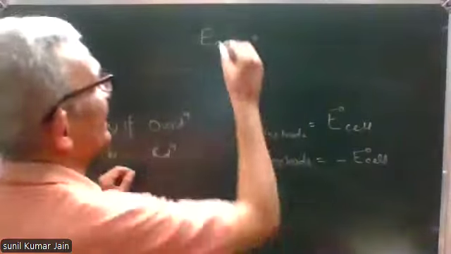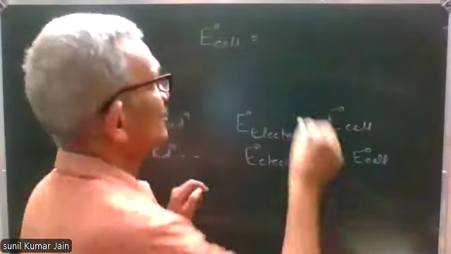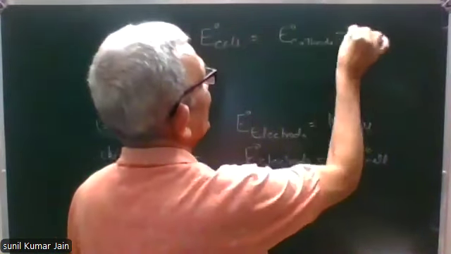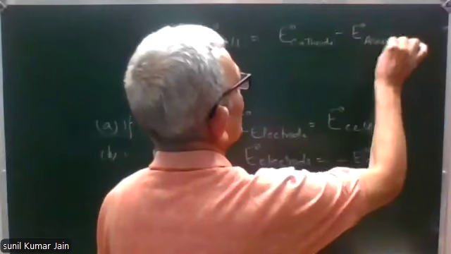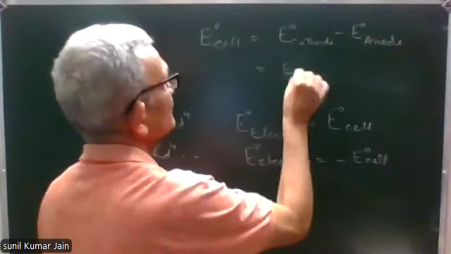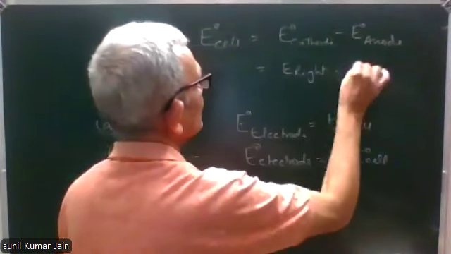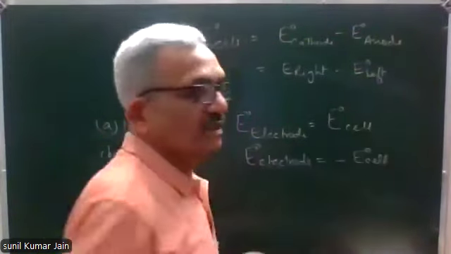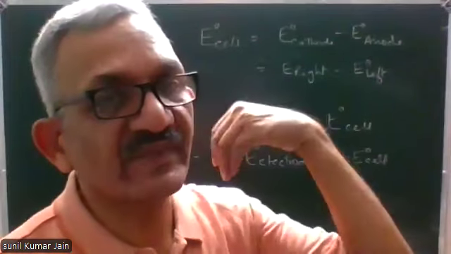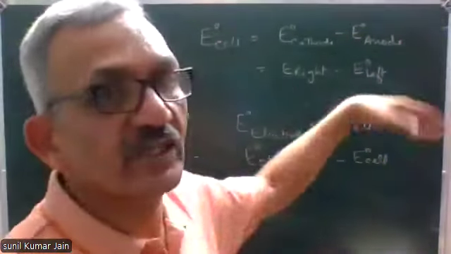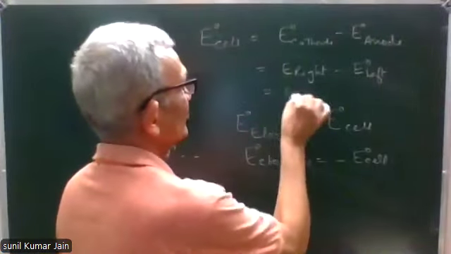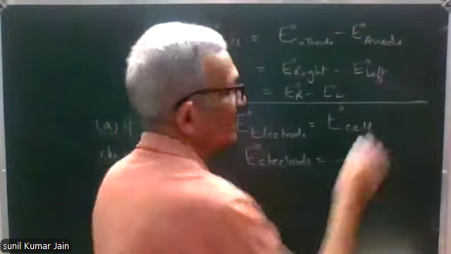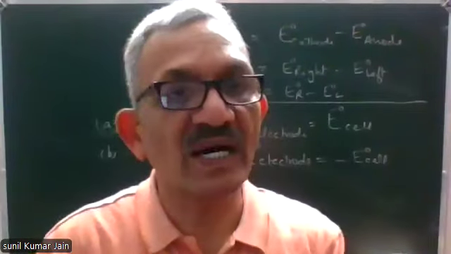If it is a standard cell, we can write E0 cell, right? Is equal to E0 cathode minus E0 anode. Cathode is the right half cell, anode is the left half cell, therefore we can also say E0 right minus E0 left. Easiest way is E0 R minus E0 L.